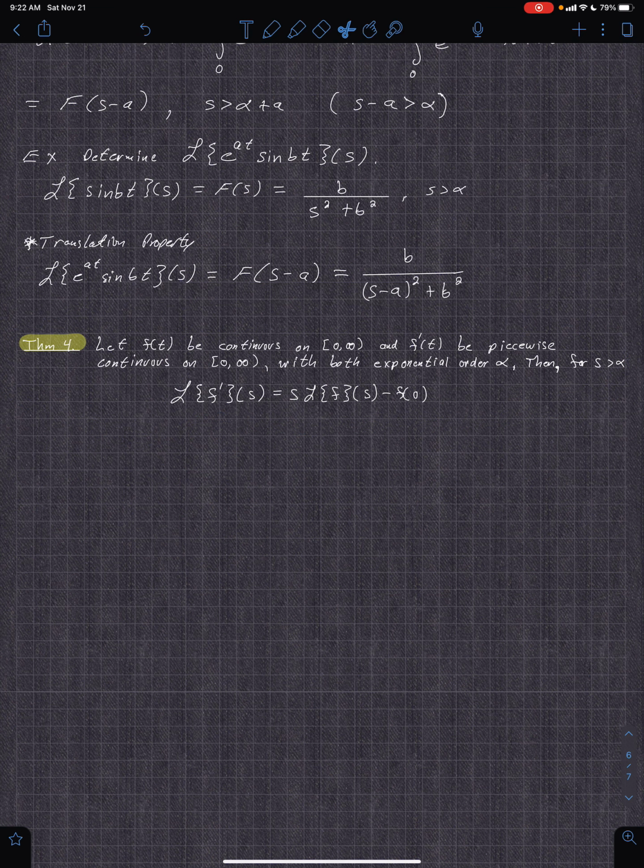All right, so theorem 4 states this. f is continuous, this is all standard, and f prime is piecewise continuous on 0 to infinity, both of exponential order alpha. Then for s greater than alpha, you get the Laplace transform of f prime of s is s F of s, that is s times L of f, minus f of 0. It's kind of a strange result, maybe. So let's take a look at that.